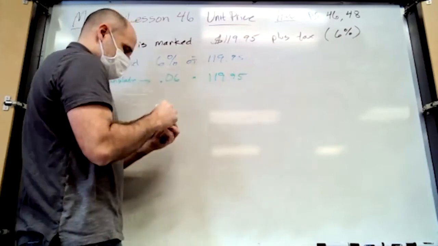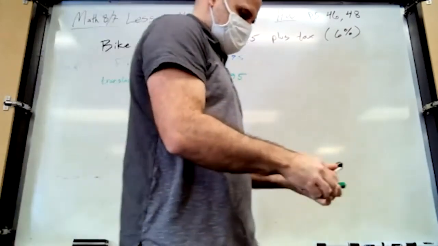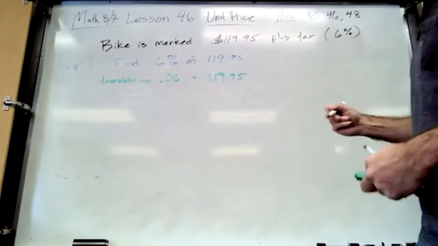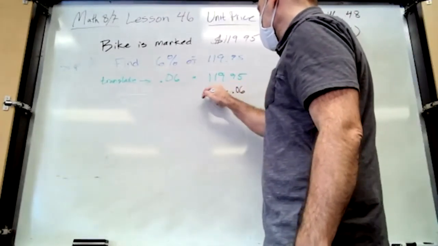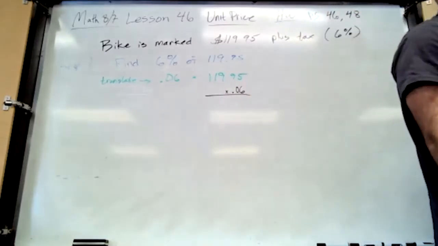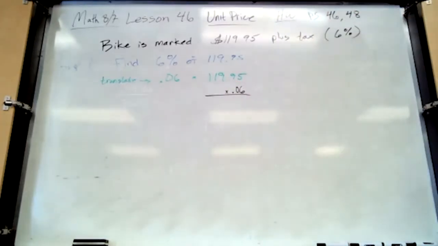So here's what Grady did. He multiplied by 6, but I'm going to multiply by 0.06, which is really the same math. The decimal is just going to end up in a different location.